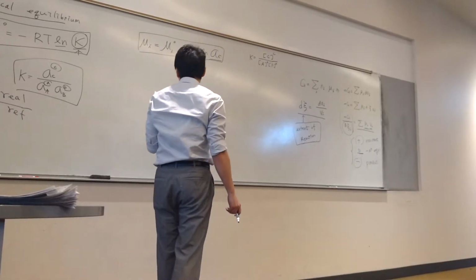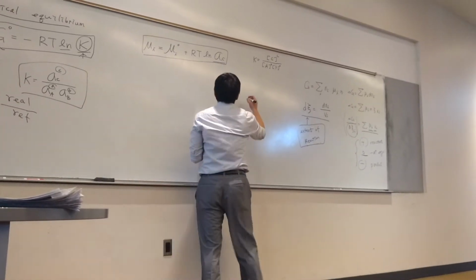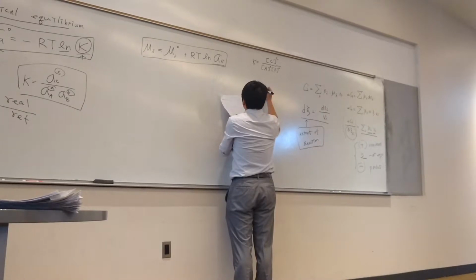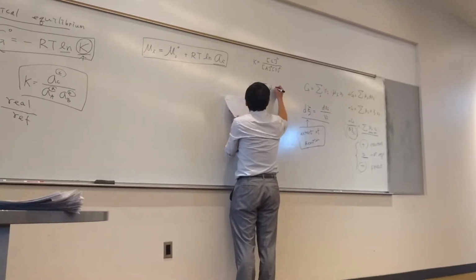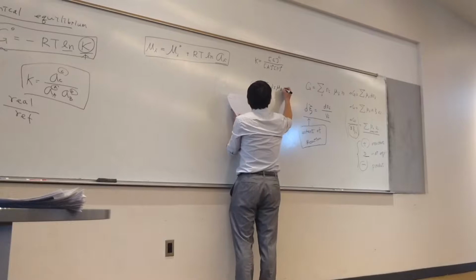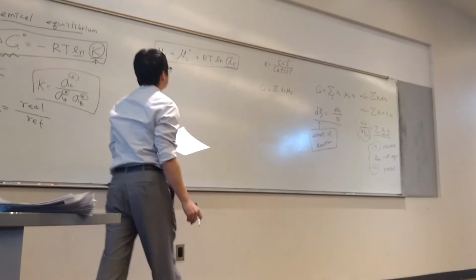So previously we said the G is equal to the summation of n i mu i.